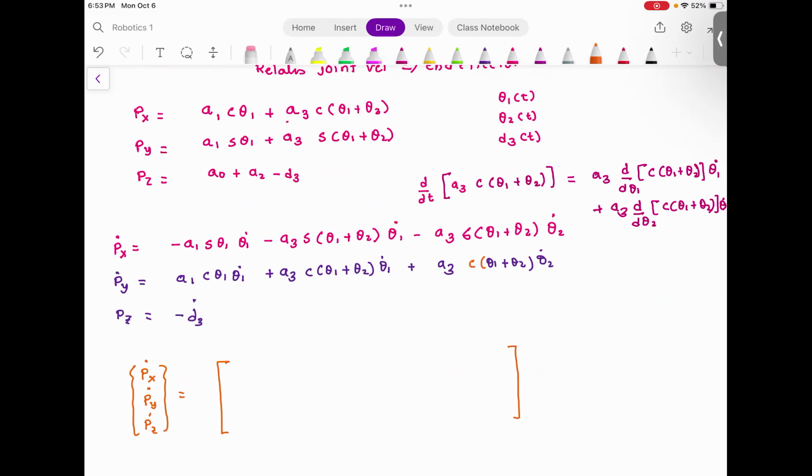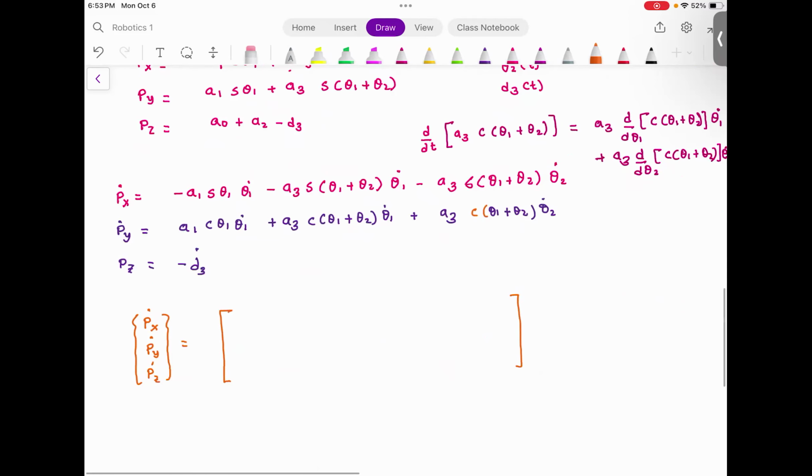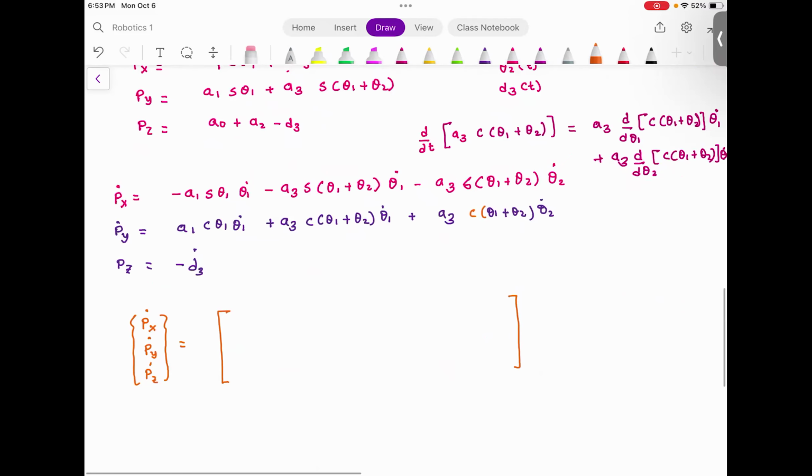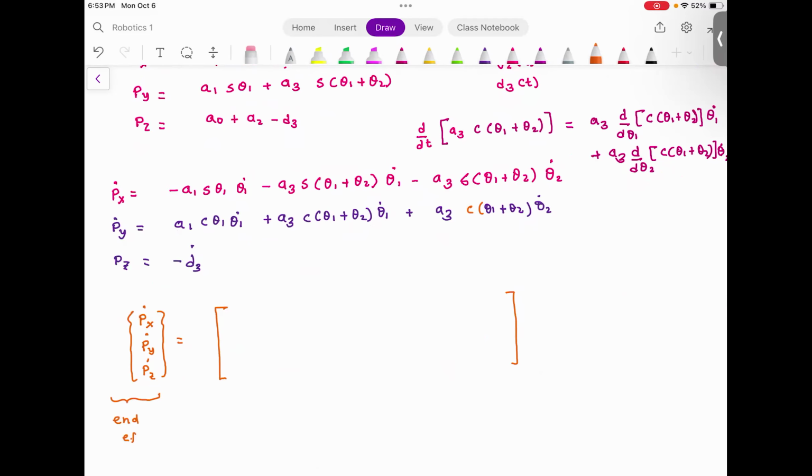Px dot, Py dot, Pz dot are the end effector velocities, and you have theta 1 dot, theta 2 dot, and D3 dot. Do you agree with me? And this guy is what? Jacobian.